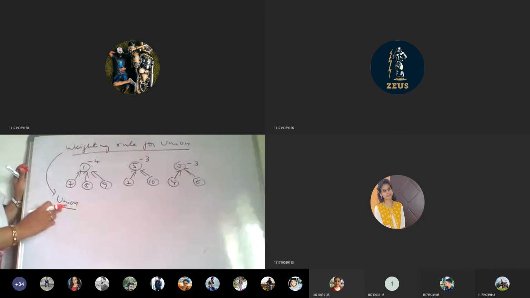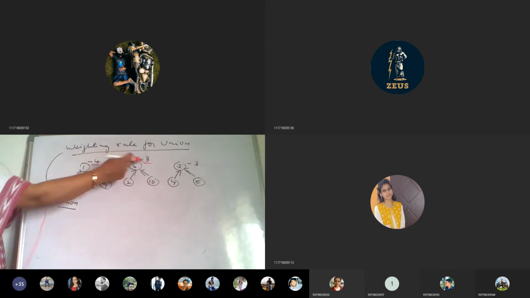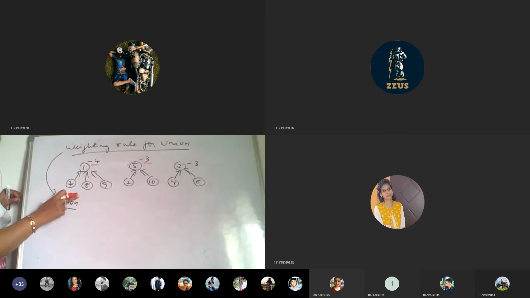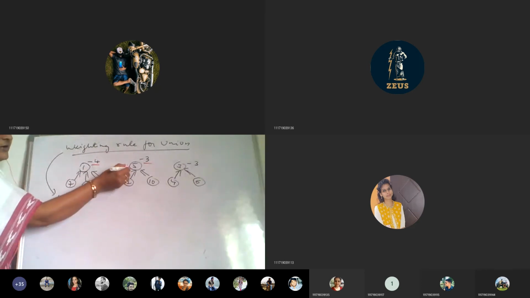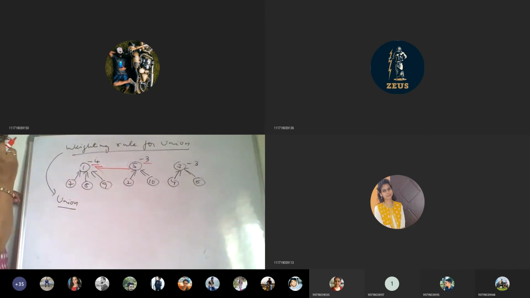But now this weighing rule for union says that whichever tree has fewer children will become the subtree under the other tree. If you take here -4 and -3, leaving the negative, which is maximum? This one is maximum. So in that case we link the second set to the first one. Why? Because it is the property of the weighing rule for union.